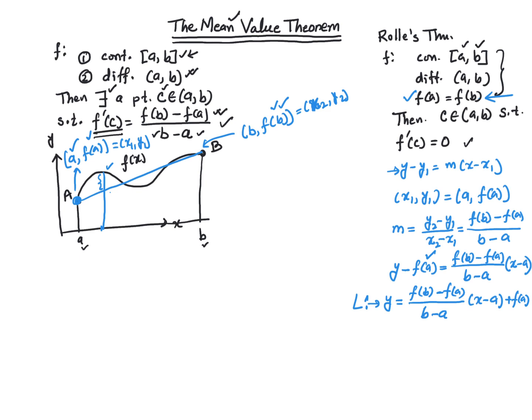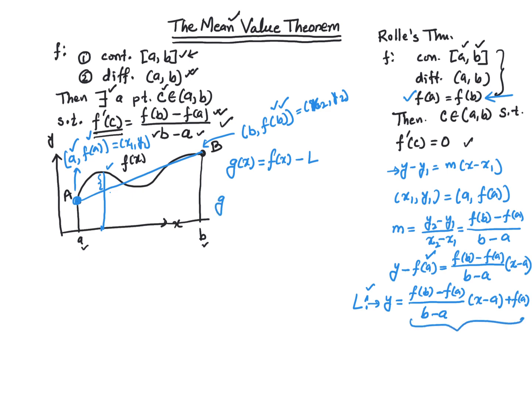All right. Now, I'm going to go ahead and define a new function. Let's call it g(x). g(x) is going to be very simple: f(x) minus the line L. Okay, this is the line L. But my line L is nothing but this.